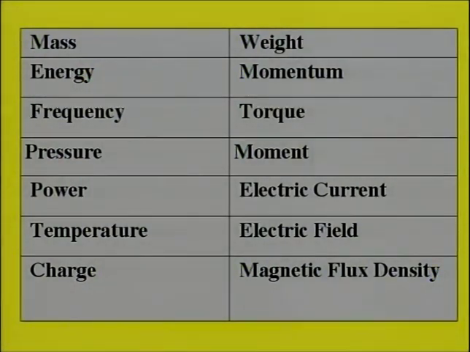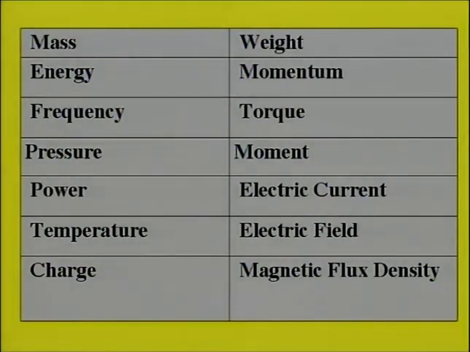And then you have the weight, the momentum, the torque, as well as moment, electric current, electric field, and magnetic flux density are under vector quantities, meaning that they have both size and direction, while these quantities don't have size and direction.